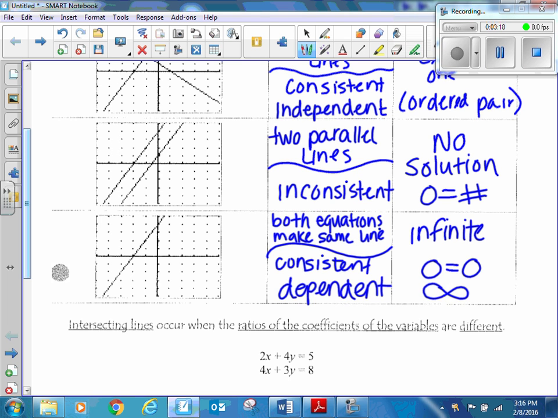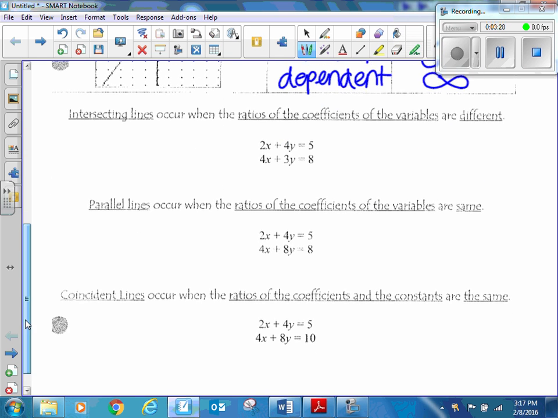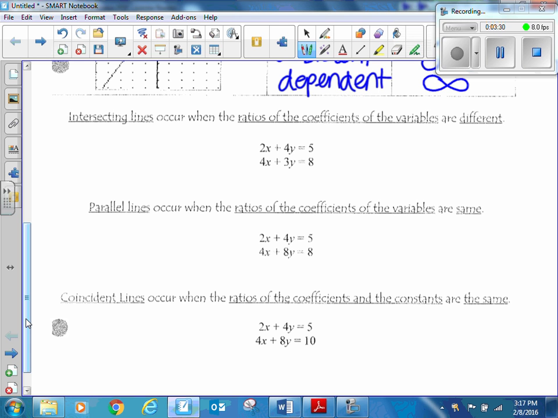Okay, so those are the special cases that we're going to talk about. There are two ways for you to figure out whether a system is going to have one solution, multiple, or none. I'm going to show you the first way on the front of this sheet. For the first way, we're going to look at the coefficients of the variables. I have 2 over 4, and I have 4 over 3.